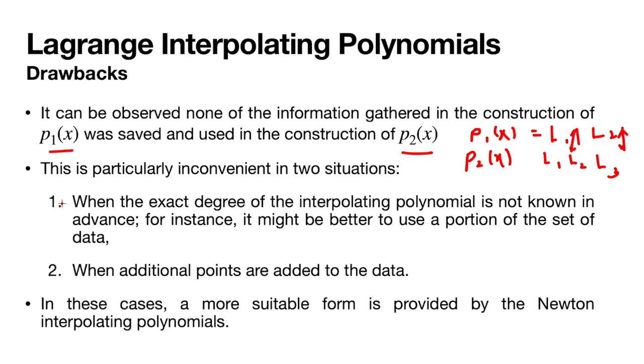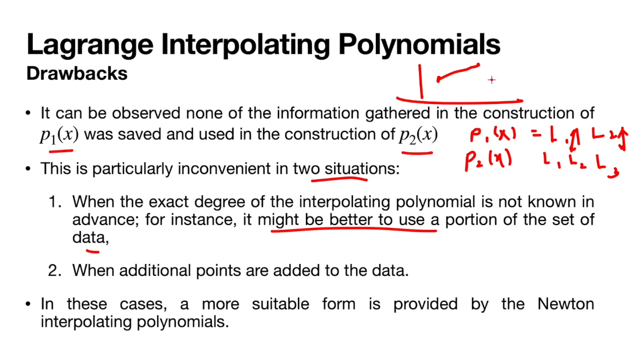We cannot use the previous iteration again and again. This is particularly inconvenient in situations when the exact degree of the interpolating polynomial is not known in advance. For instance, it might be better to use only a portion of the data set. For example, you were initially given 2 points and you used the Lagrange interpolating polynomial to find the polynomial that passes through these 2 points.